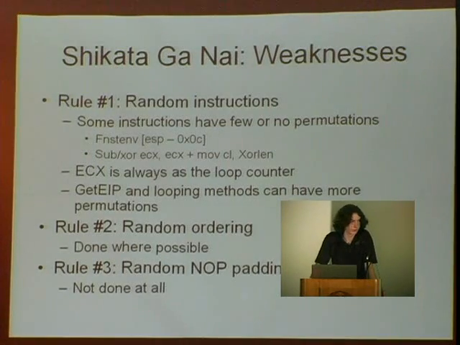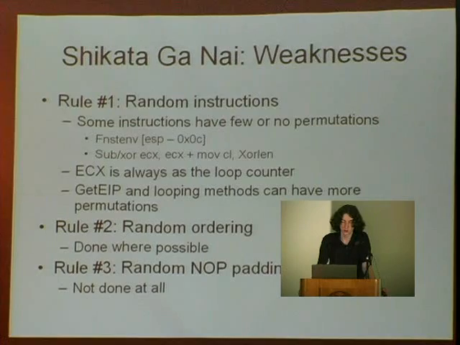For rule 1, many permutations are made for every single instruction. Well, some instructions have few or no permutations. For example, FNSTN, one of the instructions, is always there in every single shellcode. And it's the same 4-byte sequence, so this could be an indicator that Shikata Ga Nai is in that packet stream if an IDS is looking at it.